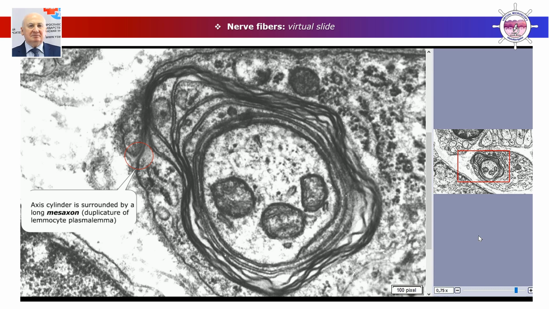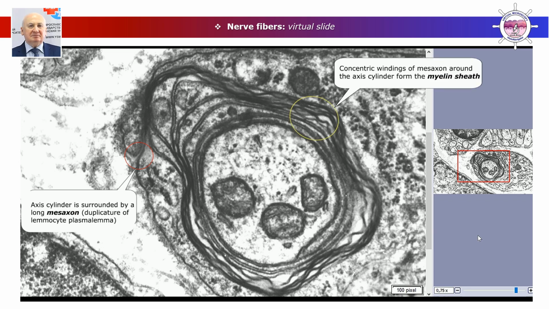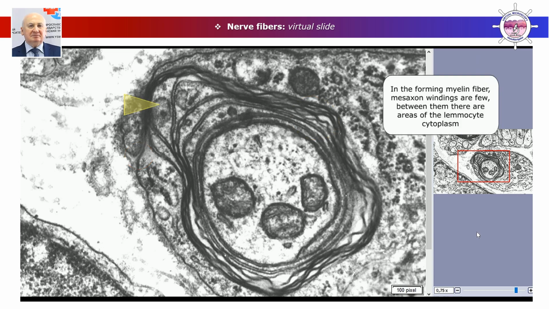Each axis cylinder is surrounded by a long mesaxon, duplicature of lemmacyte plasmalemma. Concentric windings of mesaxon around the axis cylinder form the myelin sheath. In the forming myelin fiber, mesaxon windings are few. Between them there are areas of the lemmacyte cytoplasm.